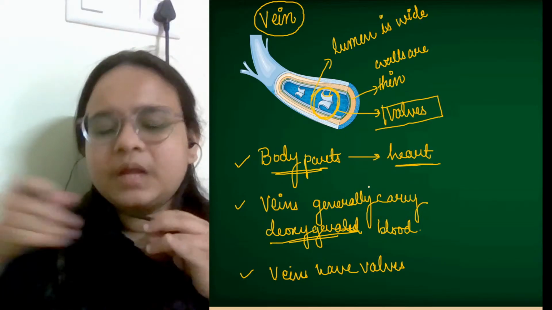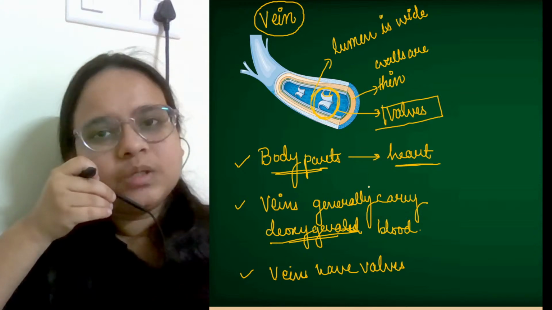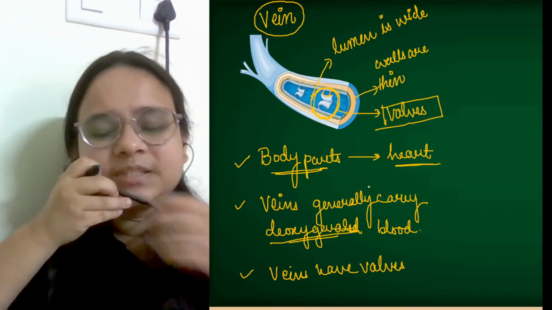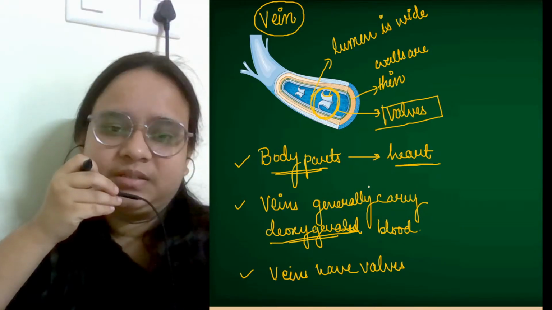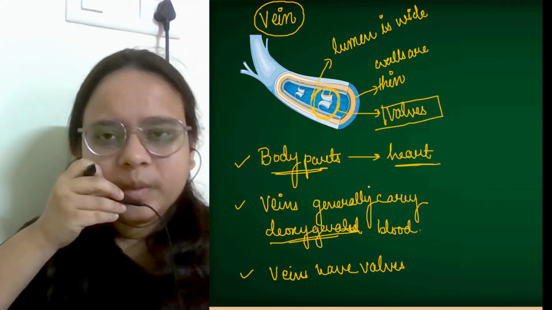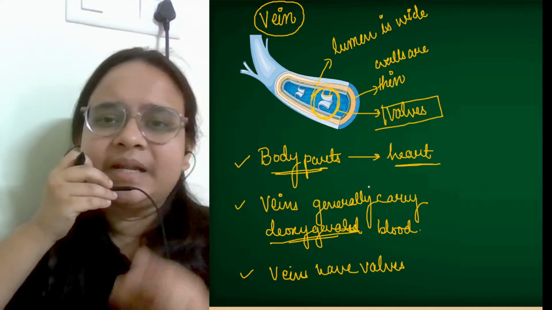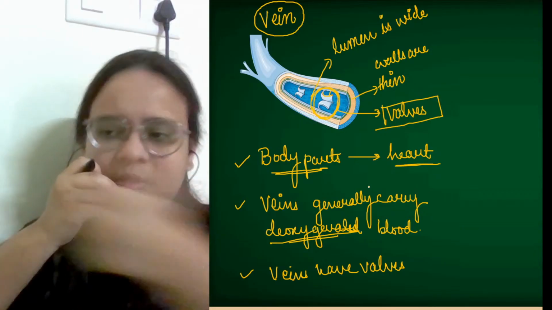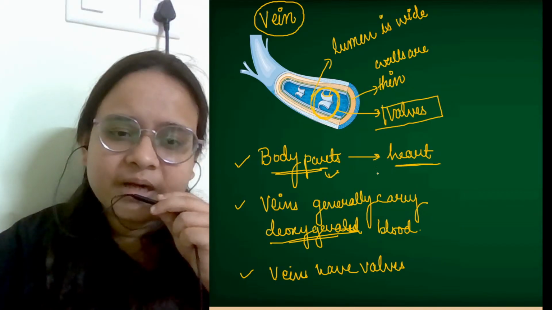Because in arteries the blood moves from the heart to the body parts, and whenever the blood comes out of the heart it is at high pressure. And a fluid at high pressure has negligible tendency to come back again. But we know that veins carry blood from body parts to heart.